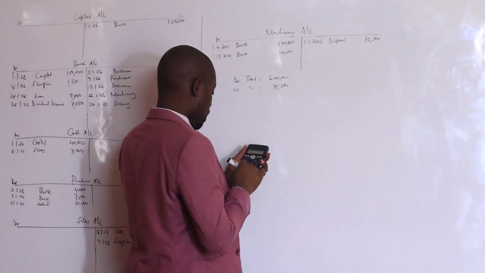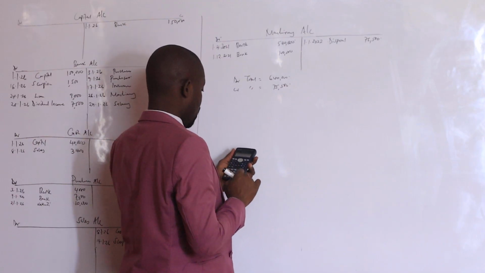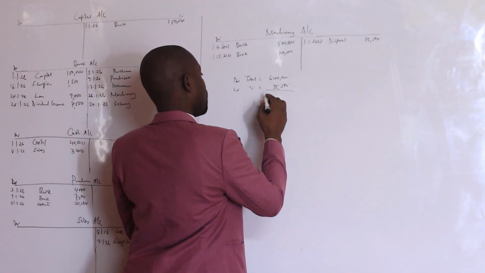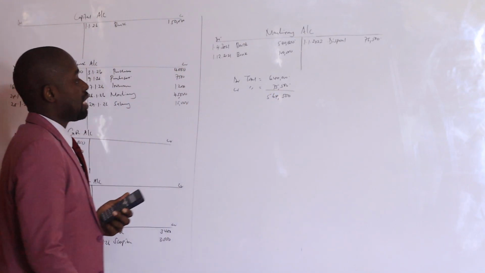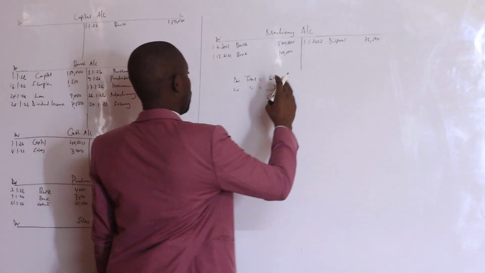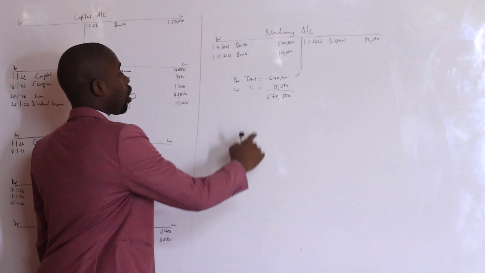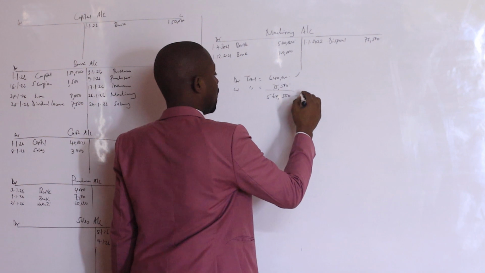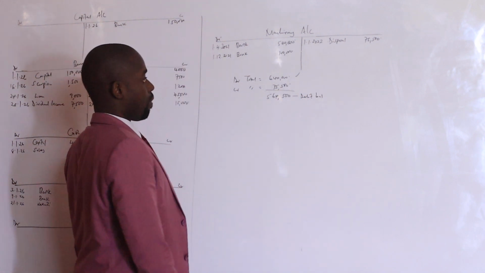The difference is 640 minus 75.5, that is 564,500. This balance is named after the side with the larger total. Looking at the two, debit one is the larger total. So we'll call this what? A debit balance. Debit balance of 564,500.